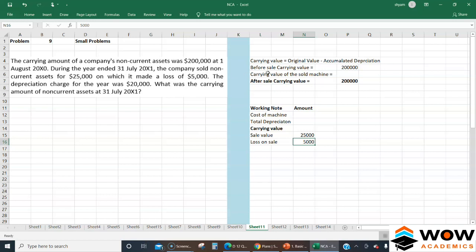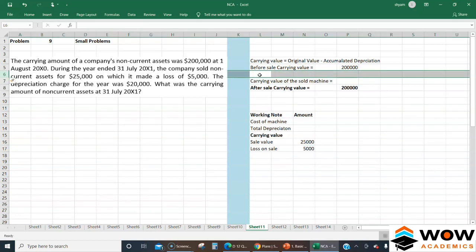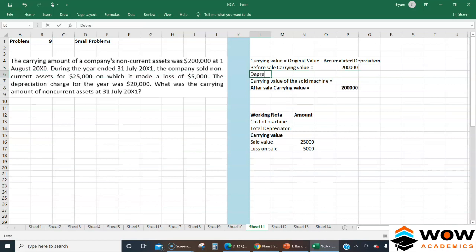This is something new that we have not seen till now. Normally, when we deduct the depreciation, we get the carrying value, right? So the asset can be maintained at original value or carrying value. The depreciation is 20,000.